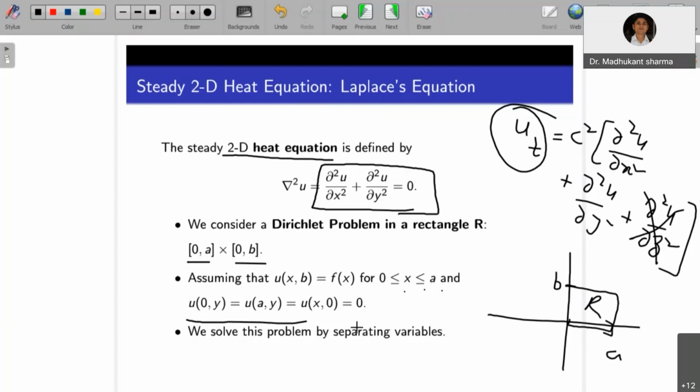Strictly you cannot call this a temperature, because it's a steady equation.